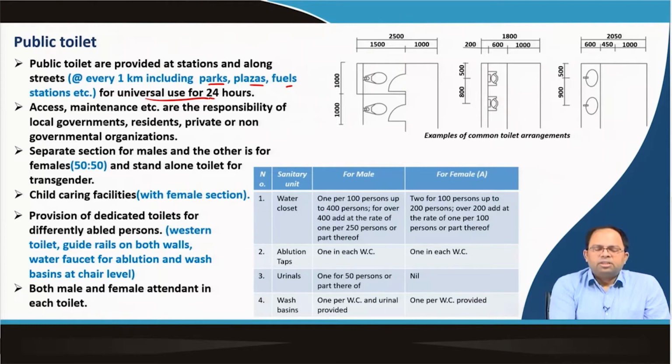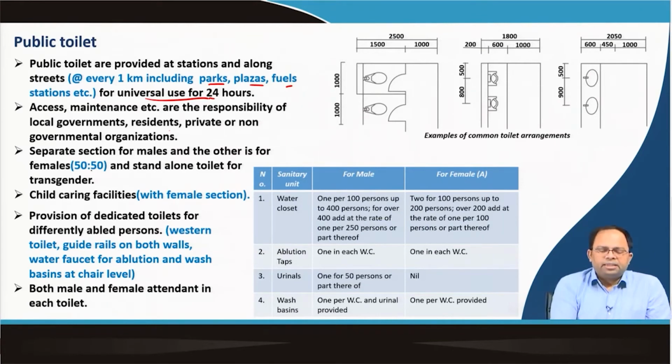The maintenance of, or access to, these toilets is the responsibility of local governments, residents, or private or non-government organizations. Sometimes the governments construct them, sometimes community organizations or local residents, and sometimes NGOs or private organizations set them up.